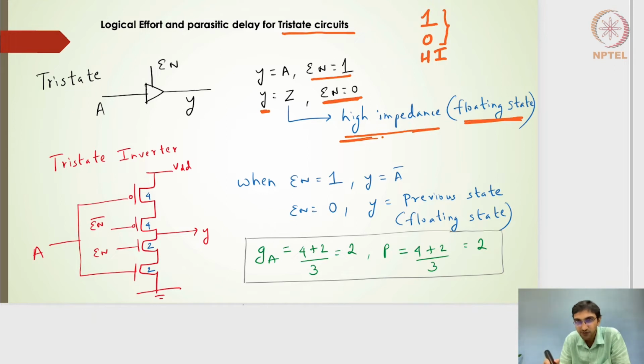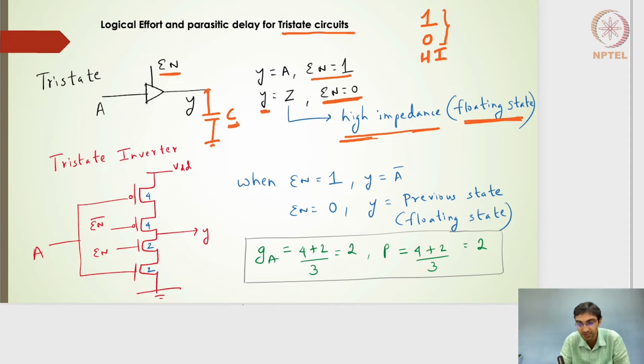It is also called a floating state because, if I consider the capacitance at the Y output, it will either be charged or discharged. It will either be charged to VDD or discharged to 0. It will be holding a value of logic 1 or logic 0, depending on the previous state. Previous state means whenever the enable was active, whenever the enable was 1, whatever the output was, it is likely to hold it.